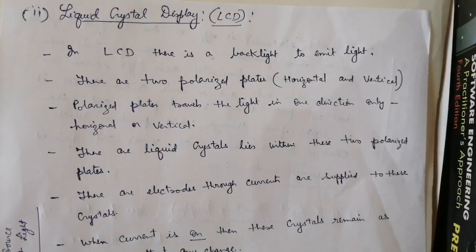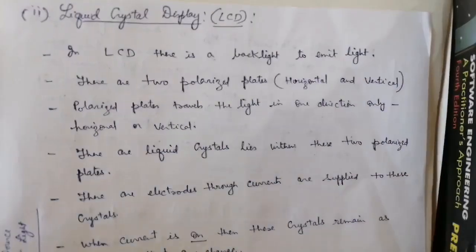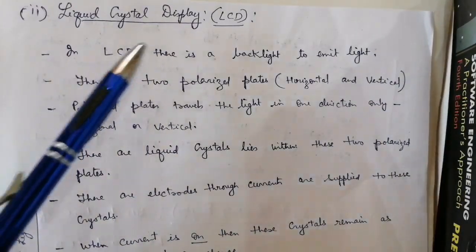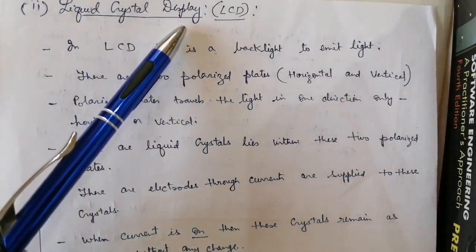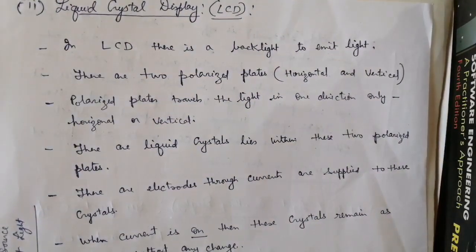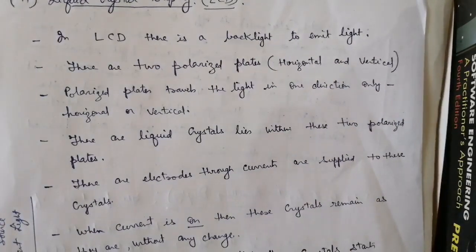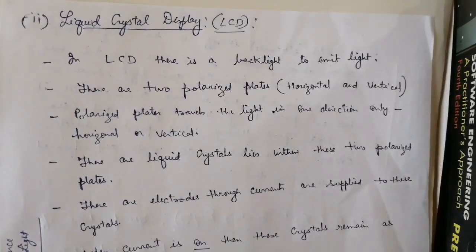After CRT, the next type of monitor is LCD, that is liquid crystal display. As the name suggests, it displays images with the help of liquid crystal. So here liquid crystal plays a very important role. What is a liquid crystal?